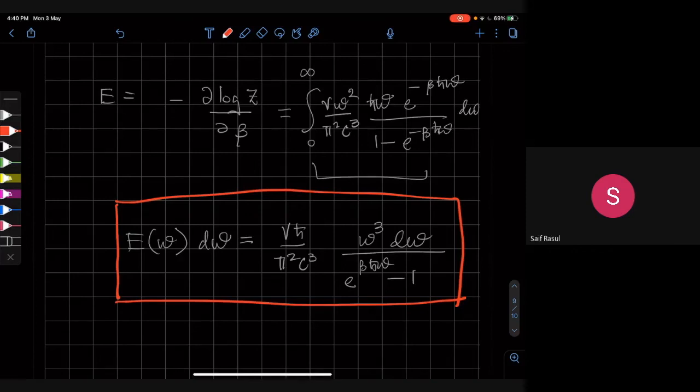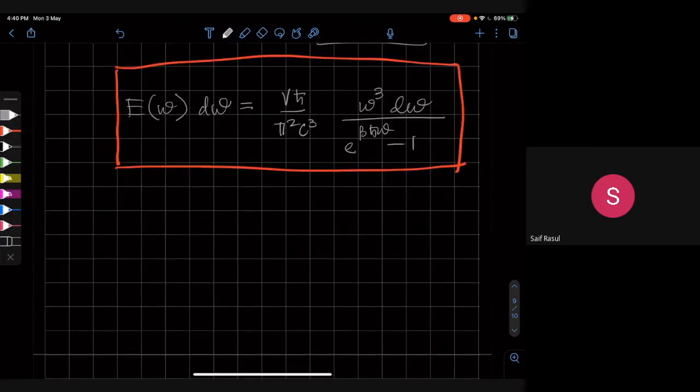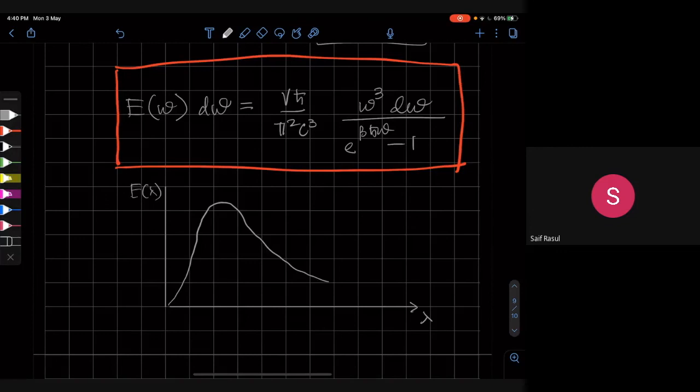Okay. And what does it look like? You can convert this to lambda, and that's an interesting exercise that I want you to try on your own. People usually make mistakes when you convert it to lambda. And then here you have lambda, and you have the energy density, or the intensity, and then you have something like this.